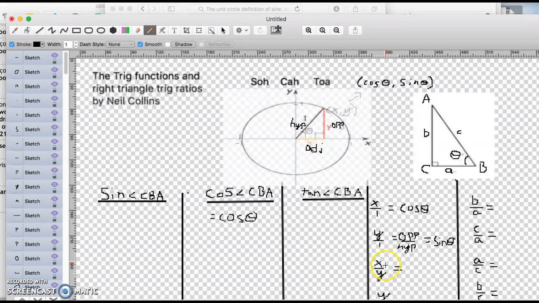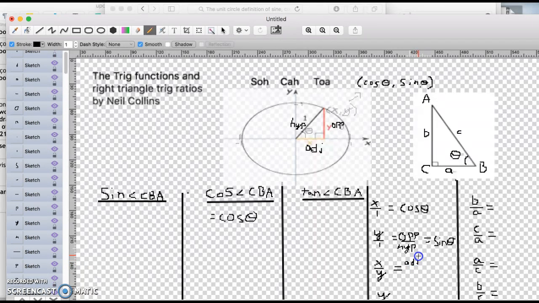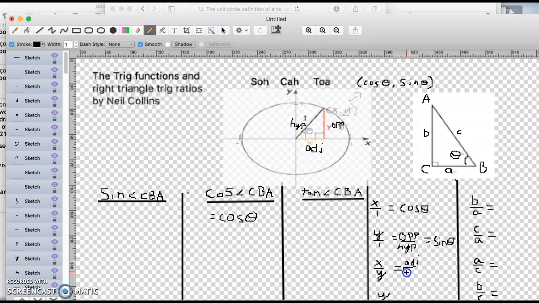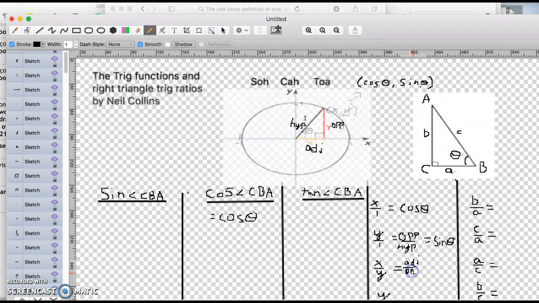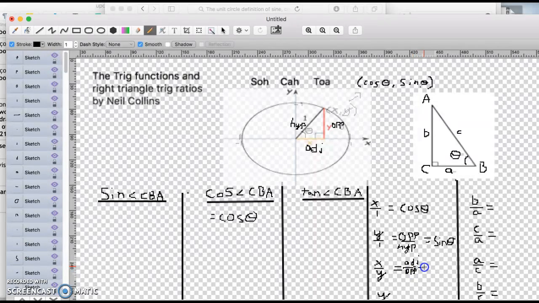Perfect. Next, we are going to do x over y. Adjacent over opposite, x over y. Perfect. Adjacent over opposite is going to be nothing because that is not in SOHCAHTOA.